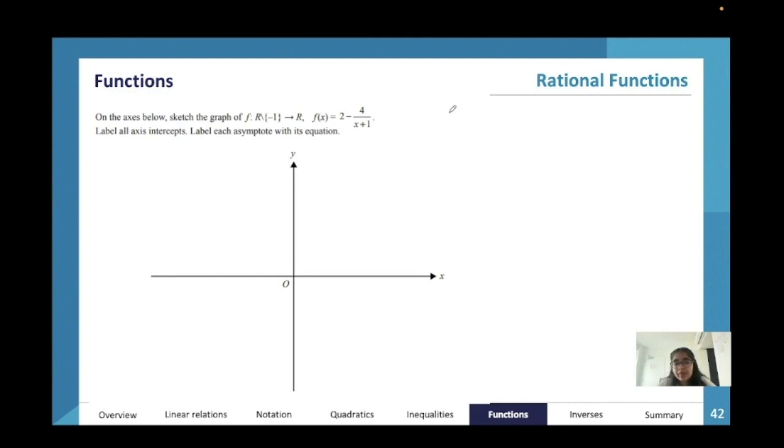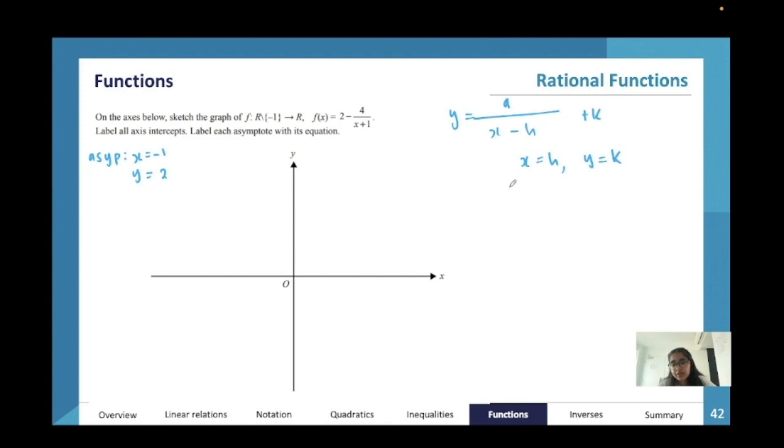So remember, y equals a on x minus h, plus k, and the asymptotes are x equals h, y equals k. So here, the asymptotes are the first thing: x equals -1, y equals 2.